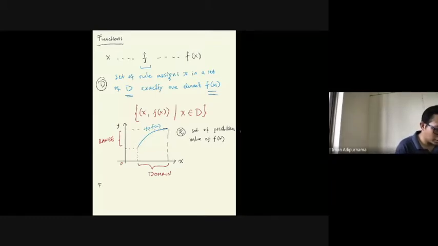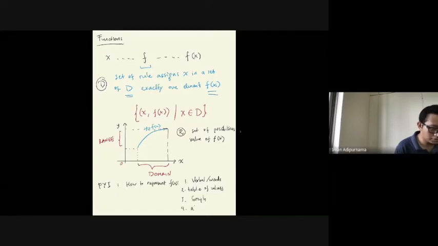And also, FYI, it's not too important, but here is how to represent a function. First is verbal words. Second, a table of values. Three, graph.